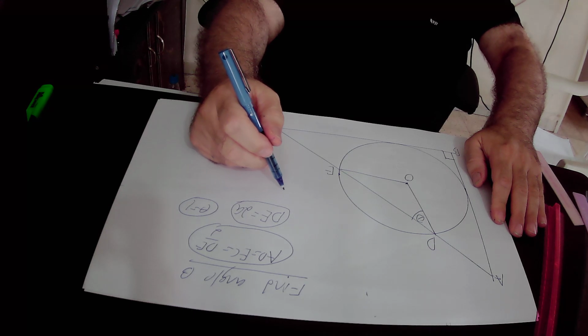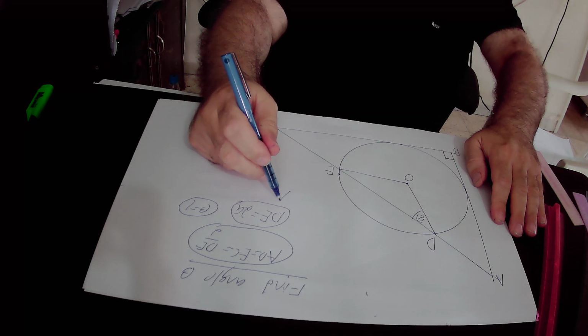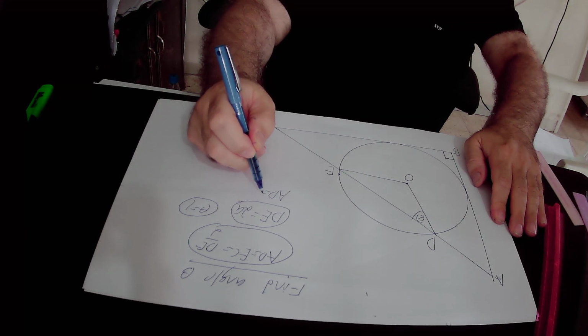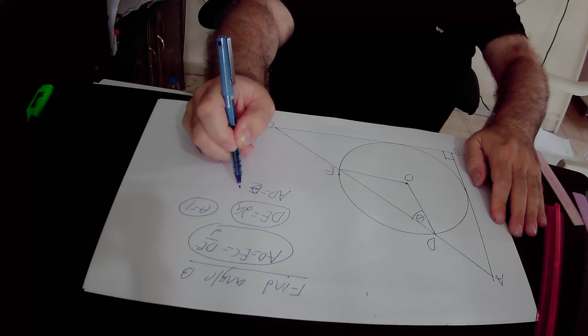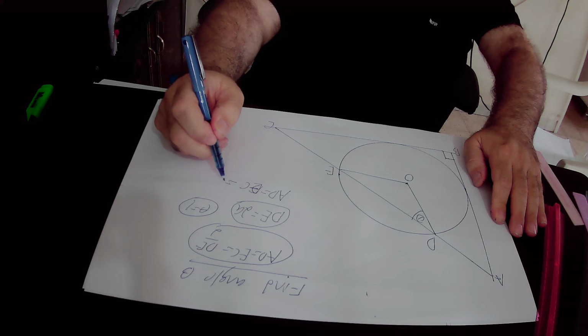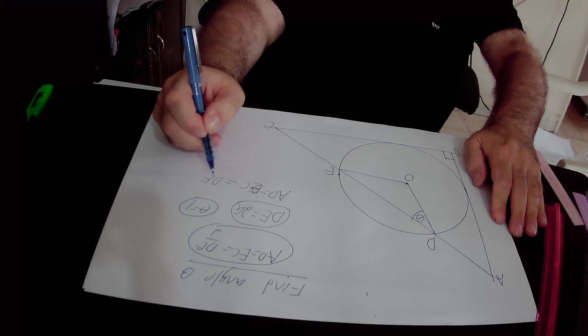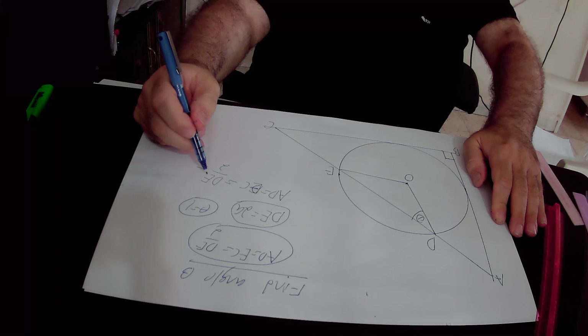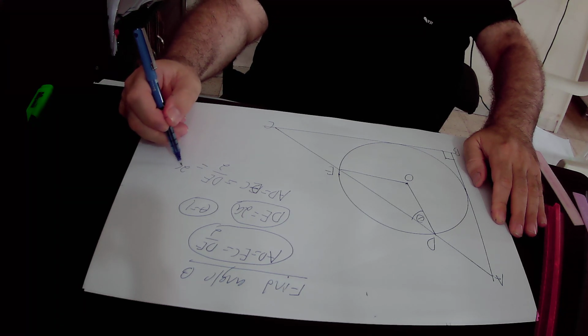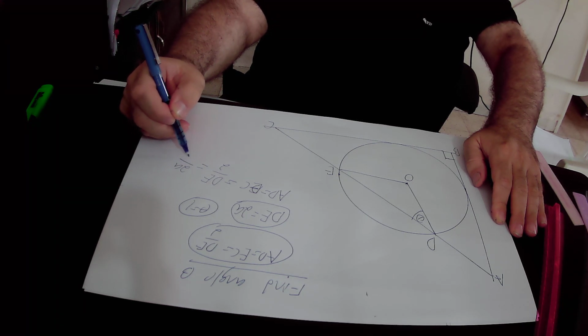According to what is given in the question, AD is equal to EC, which is equal to DE over 2, and according to our definition DE equals 2A, so we substitute DE by 2A, so it is 2A over 2.